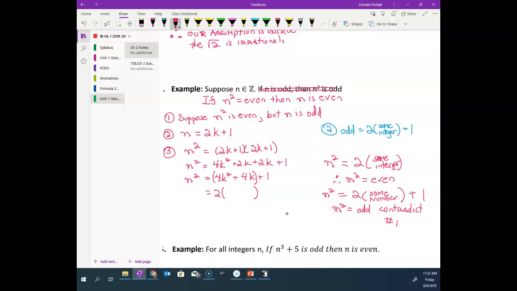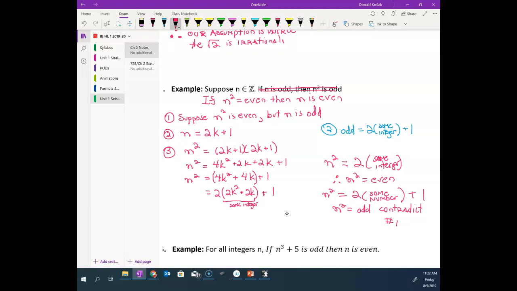But if I took out the 2, I would have 2k squared plus 2k plus 1. So this is 2 times some integer. If I multiplied those out, that would be some integer plus 1.